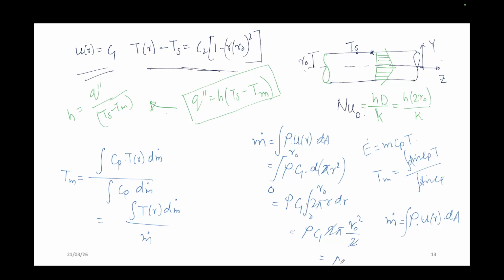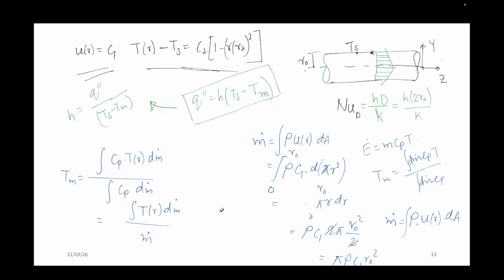So it should be pi rho C1 r naught square. So this thing I will get. And another interesting thing is that as the C1 is constant, no need to put this value of dA.